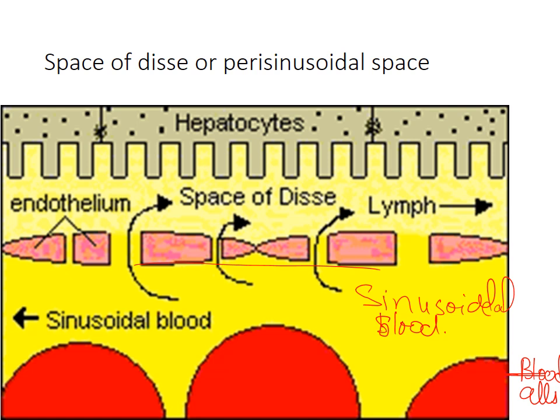Normally, the Ito cells store vitamin A as retinyl esters within the cytoplasm in the form of lipid droplets. In pathological conditions, however, these cells secrete type 1 and type 3 collagen fibers that are deposited in the perisinusoidal space, resulting in fibrosis of the liver. So these Ito cells are responsible for the production of fibrosis in the liver.